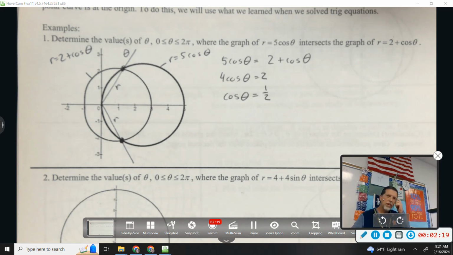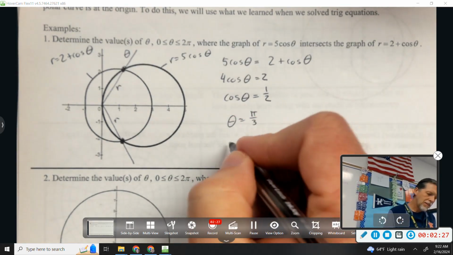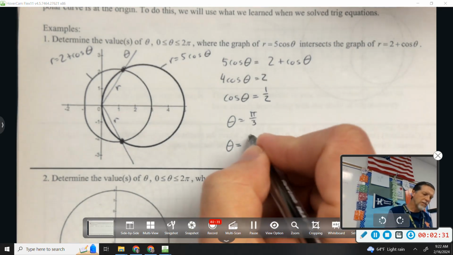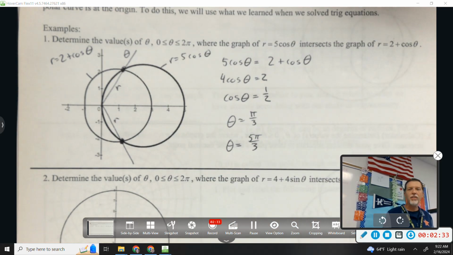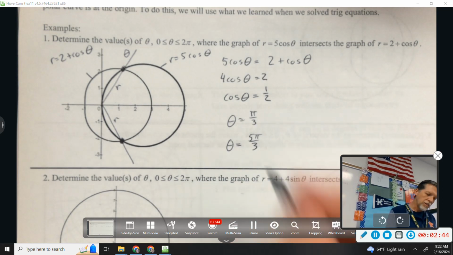What theta has a cosine of 1/2? Pi over 3 and 5 pi over 3. And it's convenient when you look at the picture. It's like, oh, that sure looks like what we found to be pi over 3 and 5 pi over 3.